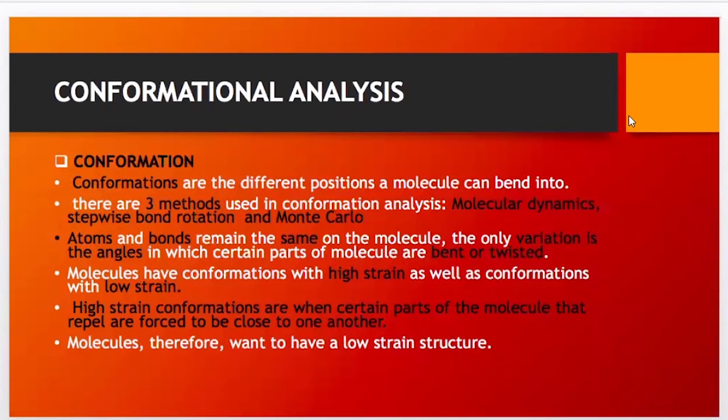But when you force it to be next to another part of the molecule that is also positively charged, you are increasing the strain of this molecule. Hence, the conformation of that molecule is going to be highly strained, meaning the compound in that conformation is unstable. What you want, therefore, is for your compound to be in a conformation or position where the strain is not so much.